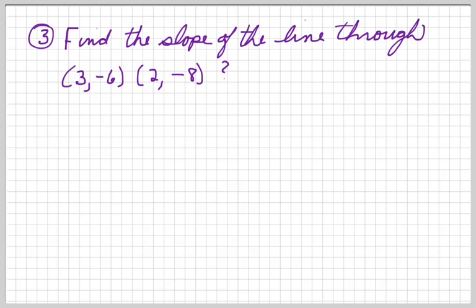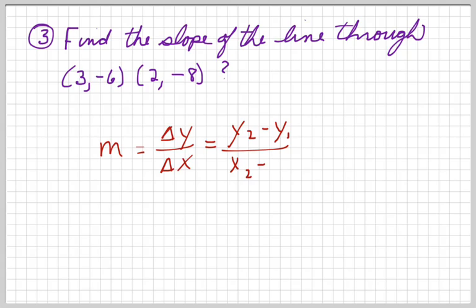Next one, find the slope of this line. Remember, slope is change in y for a change in x. If we want to see that as points, we'd say y2 minus y1 over x2 minus x1. It's just change in y over change in x.